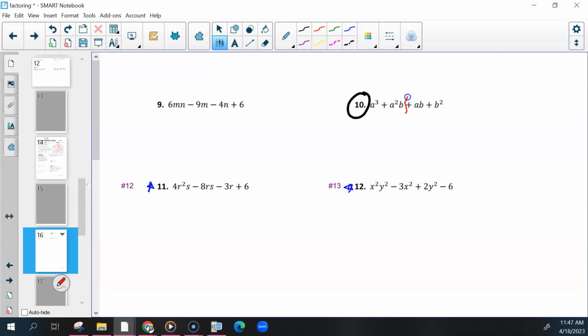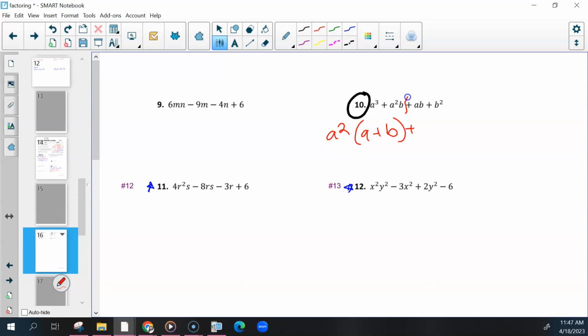What do the first two have in common? A squared. We divide out a squared from both of these, what's left? A plus B. Bring down the plus.